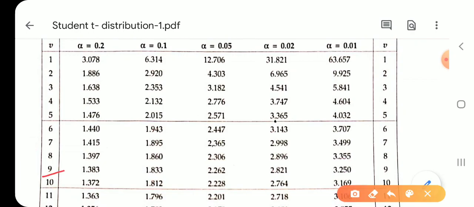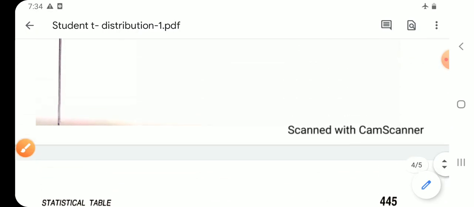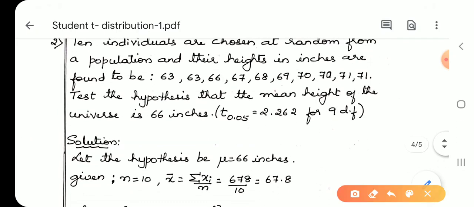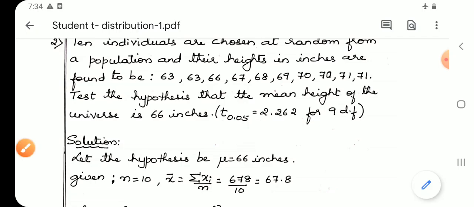So, we have to find the value for 9 at t of 0.05. So, t of 0.05 is here. Let us join these two such that it coincides. We get the value as 2.262. That was the standard value given there in the problem. Look here, 2.262.